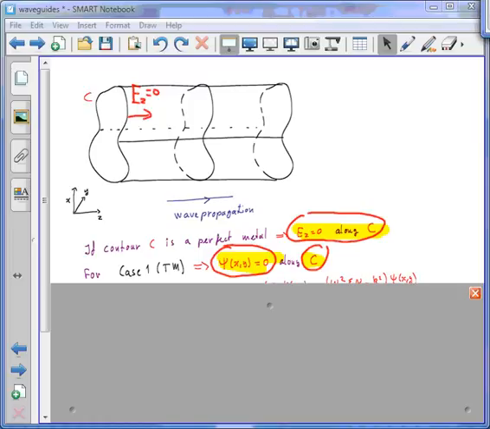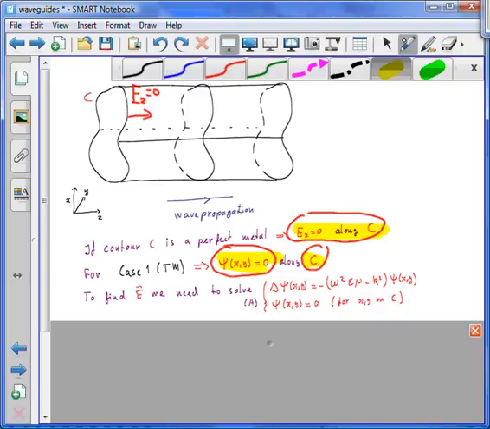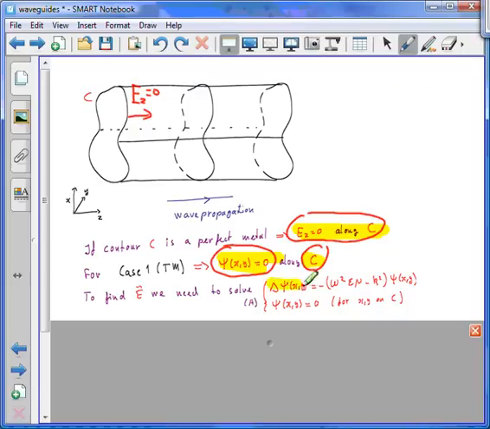So then, in order to find the expression for the electric field, we basically have to solve the following two equations. We have the Laplacian of psi equals omega squared epsilon mu minus k squared times psi. And that's this differential equation we had before.